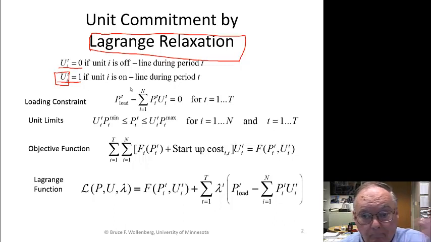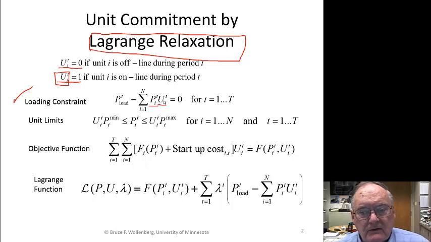So the loading constraint, that's something that we have to meet, and it says the P load at time t minus the sum, and this P_i^t is just the unit output of unit i during period t. And we multiply that times the u_i^t.